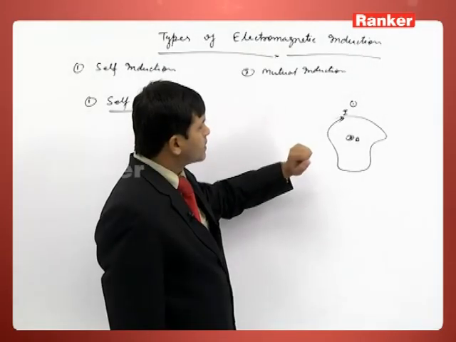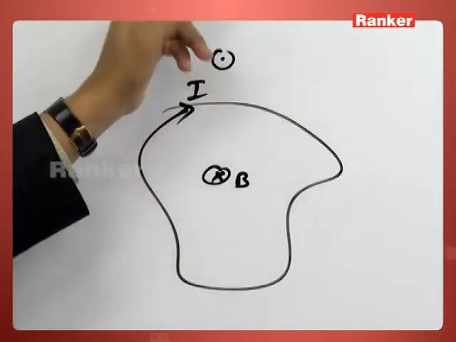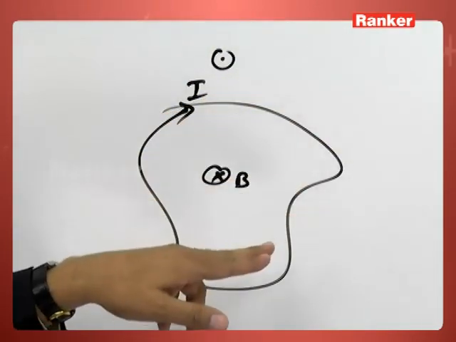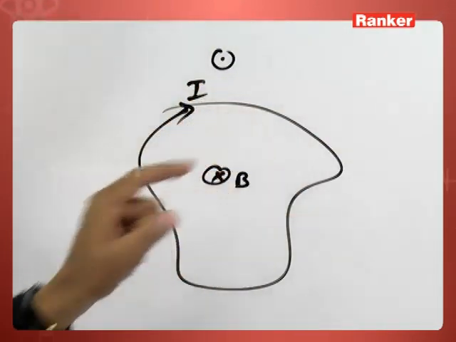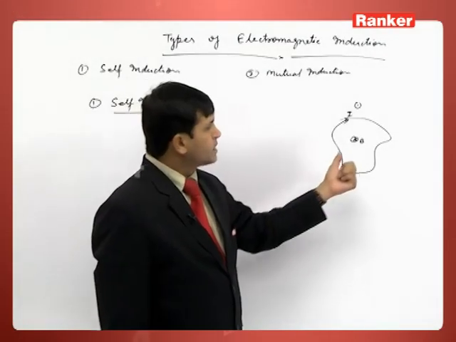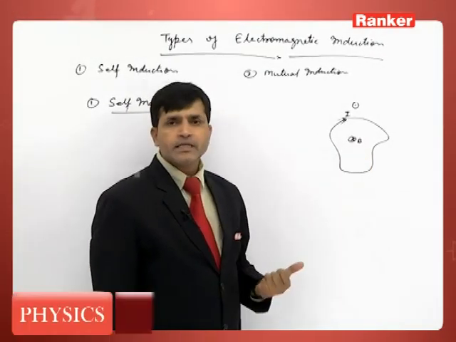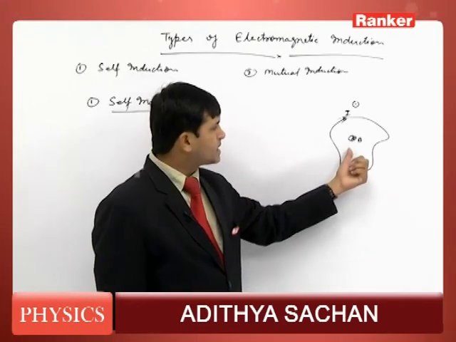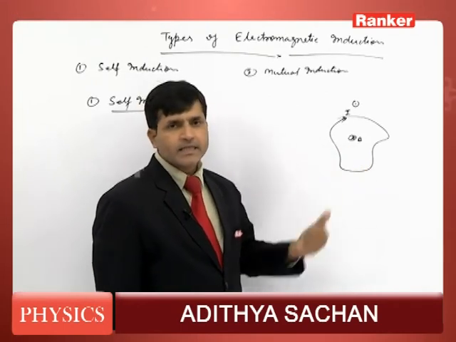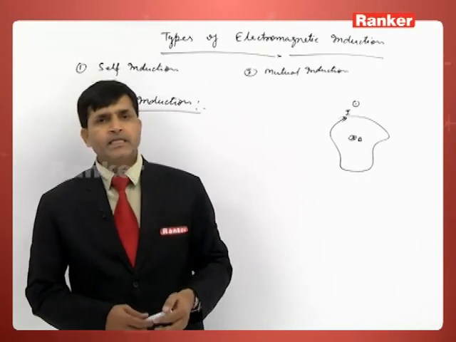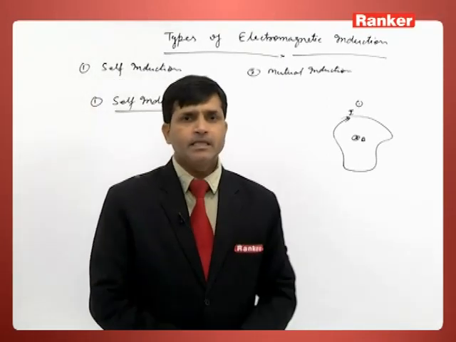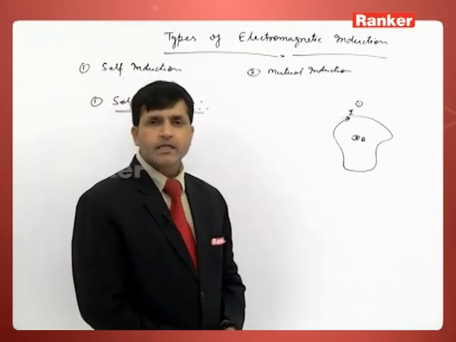If we change the current in this loop, the self flux will also change because the magnetic field changes. When the self flux changes, the change in flux produces an EMF according to Faraday's law.